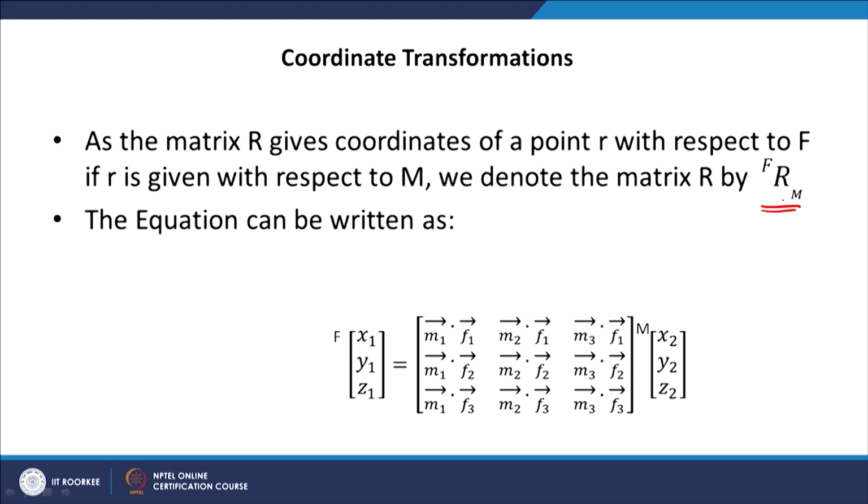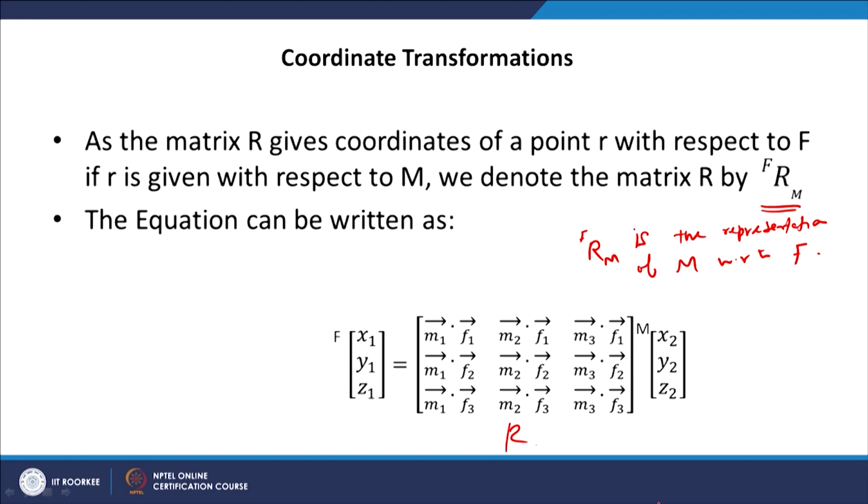So, this notation means the representation of M with respect to F. So, ultimately we get the relation: x1, y1, z1 is the coordinate of the vector R with respect to the F frame, and x2, y2, z2 is the coordinate with respect to the M frame. Then they are related by this expression, where R is this matrix given by this expression.